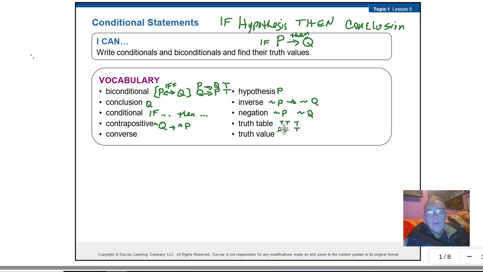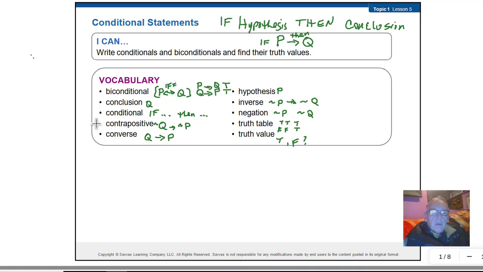So if the if part is false and the then part is false, we really just assume that the statement must be true. The converse form is to interchange the if and the then parts. So if Q, then P is the converse form. And truth value is basically like, is the statement true or is the statement false?